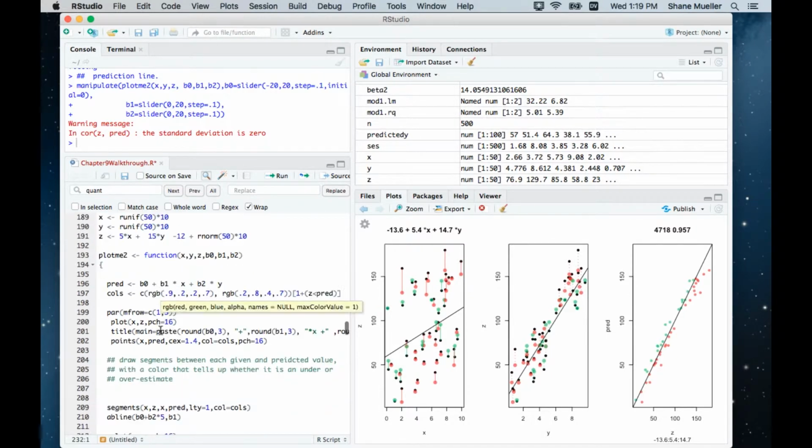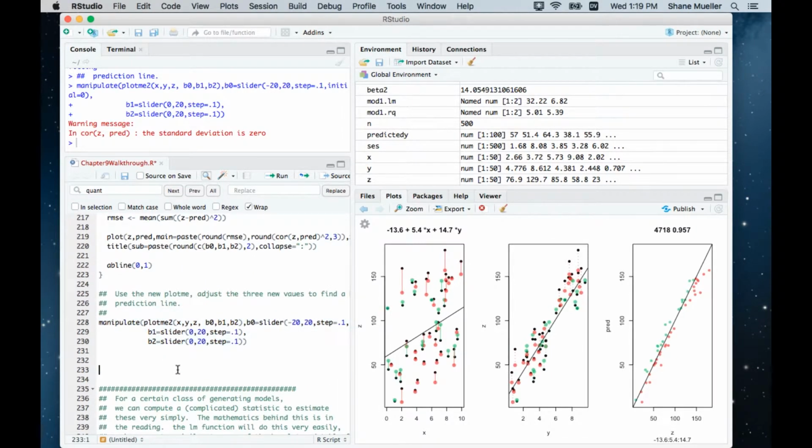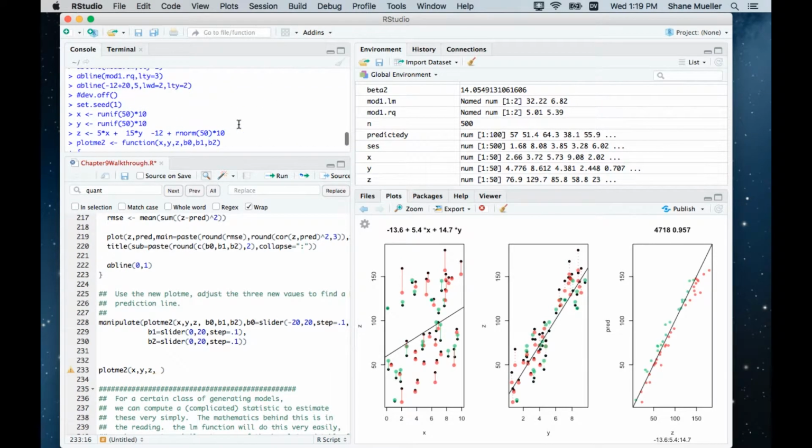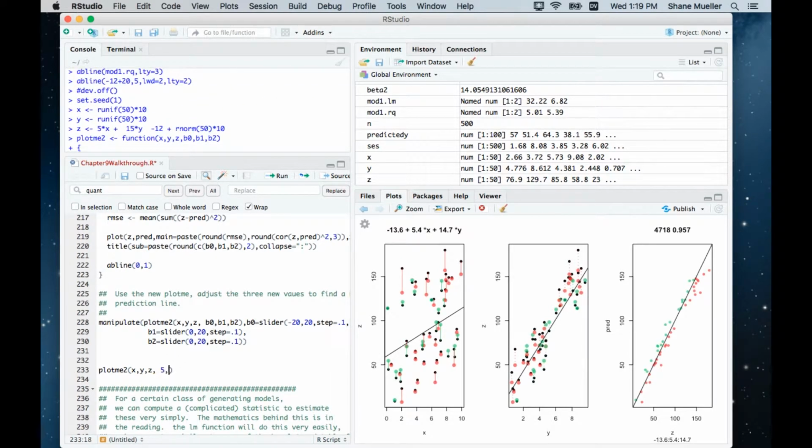And if I were to then try to plot x, y, z, and the actual values, which were 5, 15, and -12, look over here at our squared value.